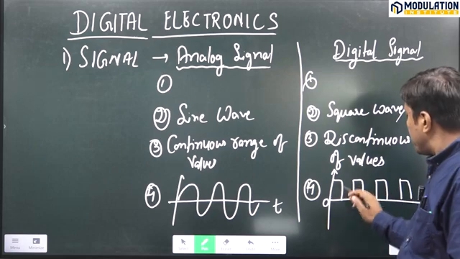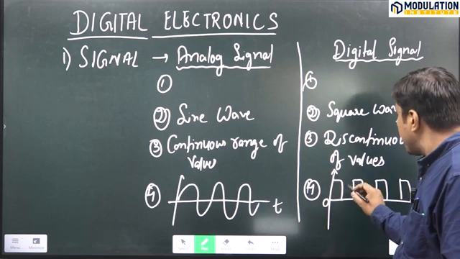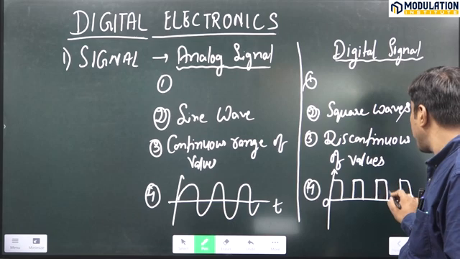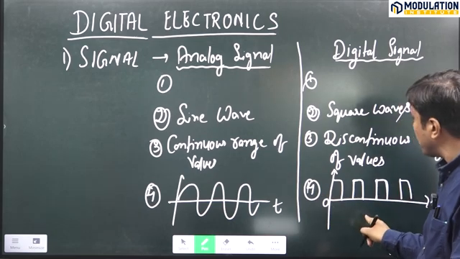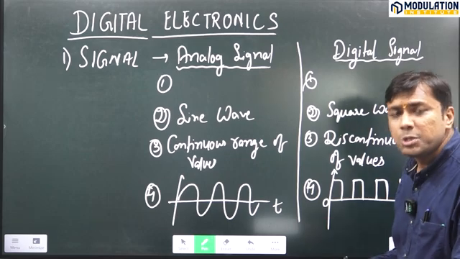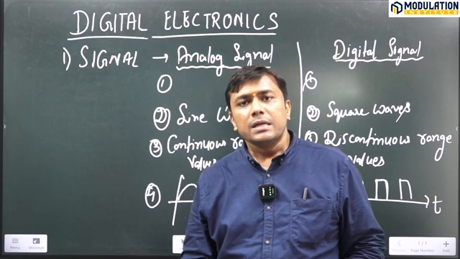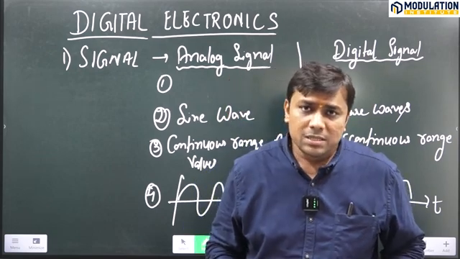It means it's also changing, but after a fixed interval of time. They are changing after a certain interval. Again, it is changing after a certain interval. It means they don't have continuous changes. They have discontinuous changes. That's why it is called a digital signal. So this is the difference between analog signal and digital signal.